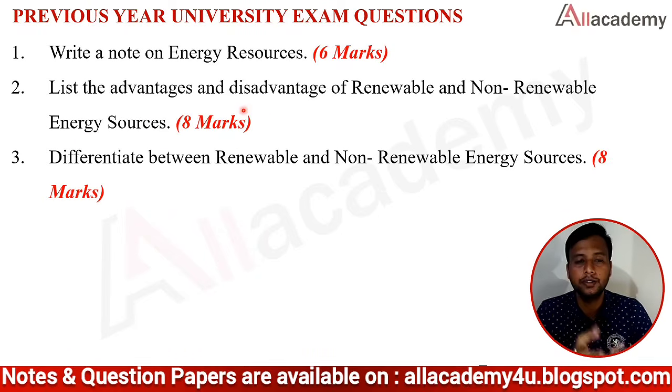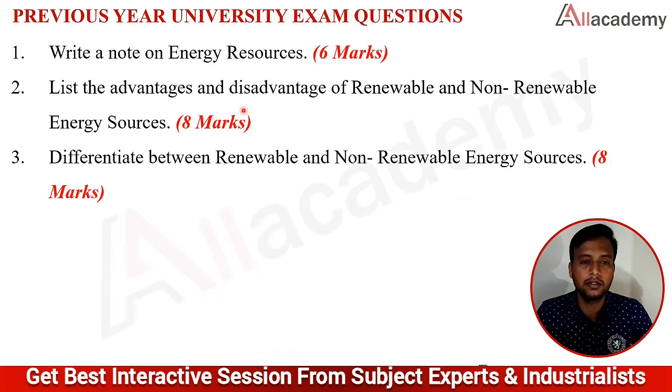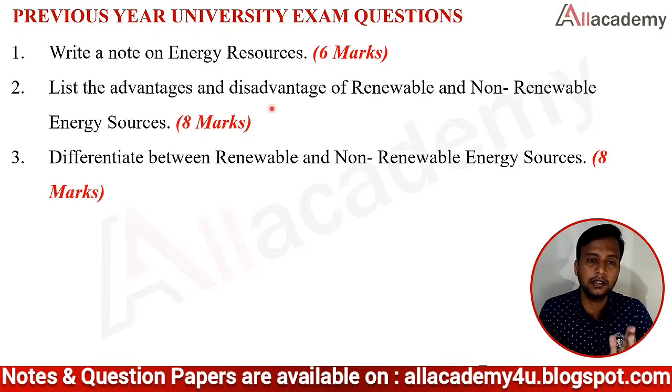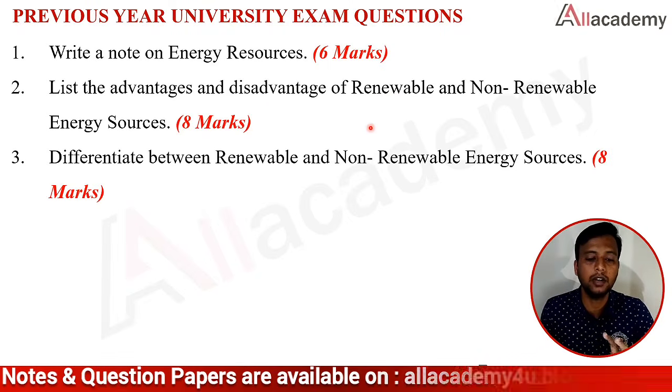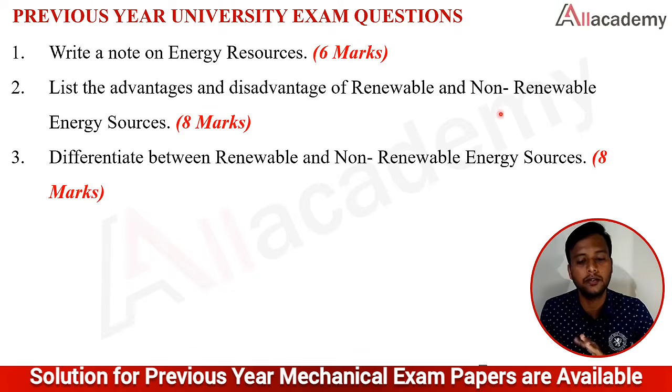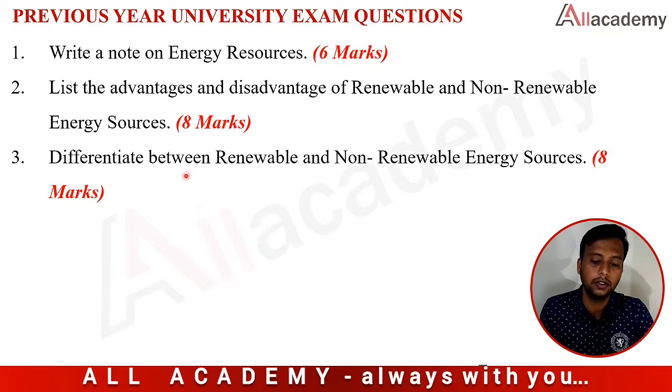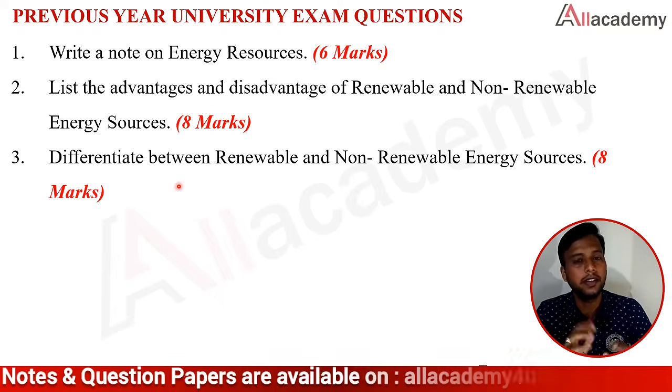Here you need to write the advantages and disadvantages for renewable and non-renewable resources. This carries 4 marks for the advantages and disadvantages of renewable resources and 4 marks for those of non-renewable resources, so the marks are divided 50-50. The next one is to differentiate between renewable and non-renewable energy resources, asked for 8 marks in the previous exam.